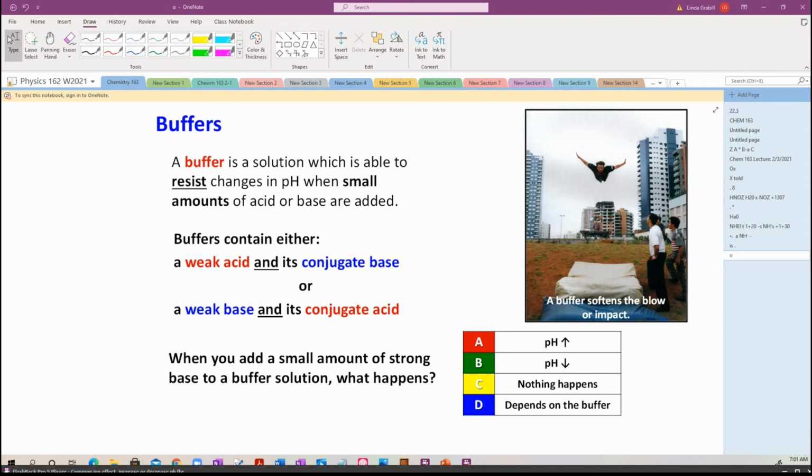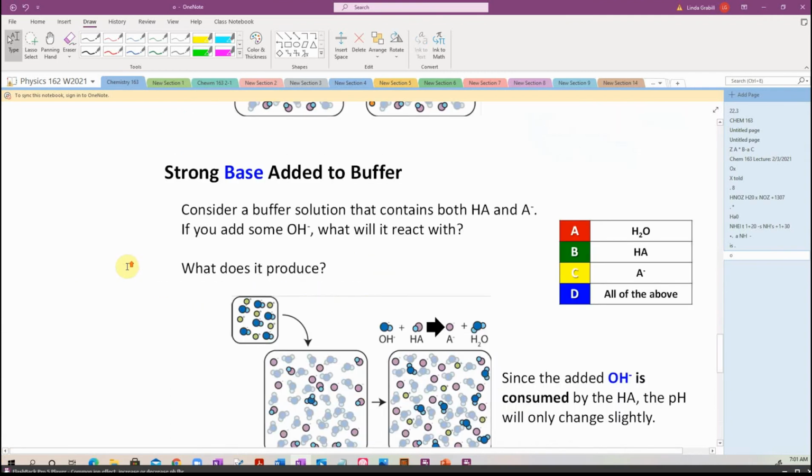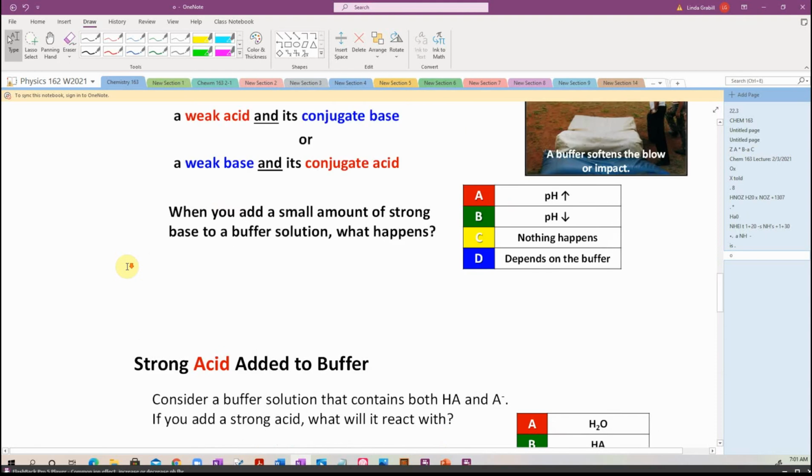Just not as much. And what happens if I add, what happens if my computer cooperates? Oh, it cooperated all at once. Here we go.